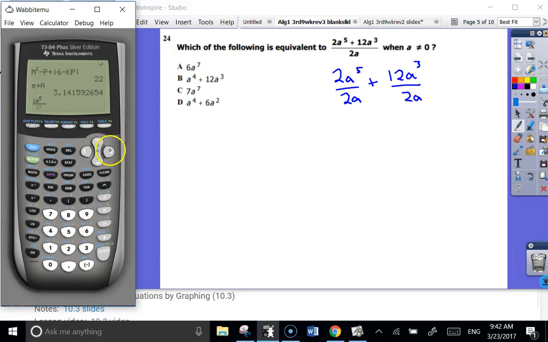Make sure that you right arrow to get out of the exponent. Plus the number 1. Sometimes it's better to do pi, believe me. 12 alpha a hat 3. Make sure to get out of the exponent. Right arrow down to alpha a.